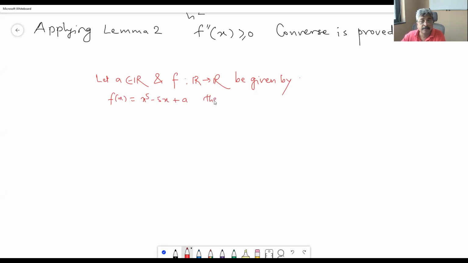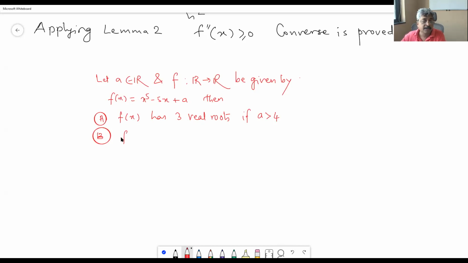Then I think I will take more time to write the problem than you saw. Option A: f of x has 3 real roots if a is greater than 4.